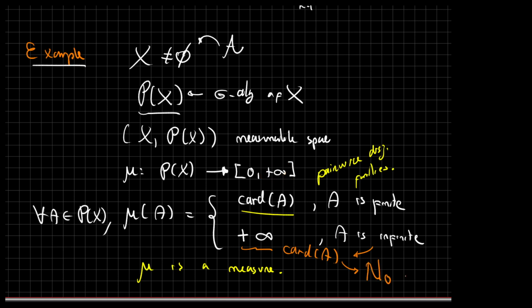So it could be aleph 0, it could be aleph 1, and so on. So this is Cantor's transfinite sets, right? But we don't need this precision. It only suffices to have plus infinity for every infinite set, no matter how big this set is, and we will have a measure.